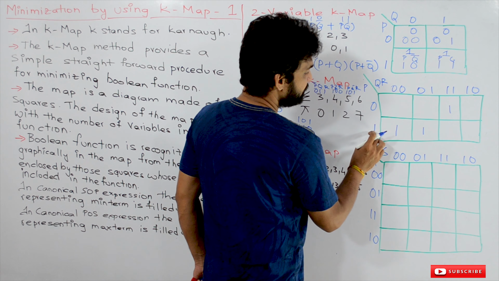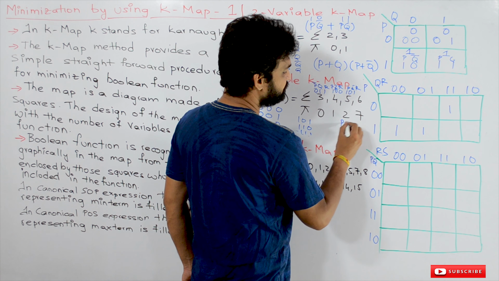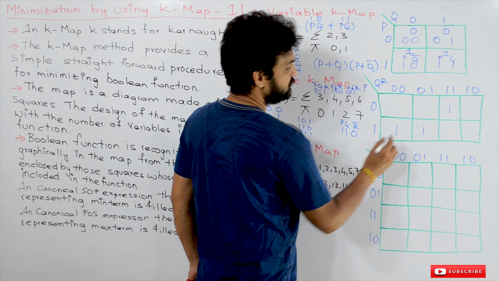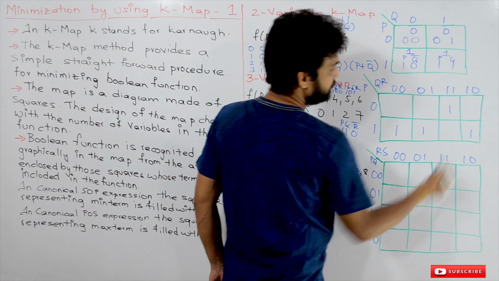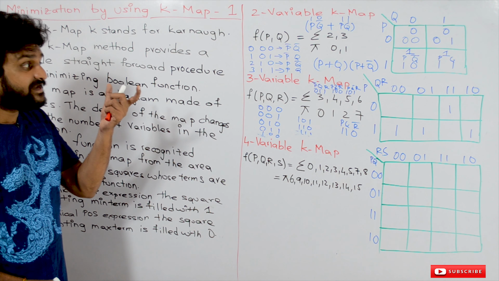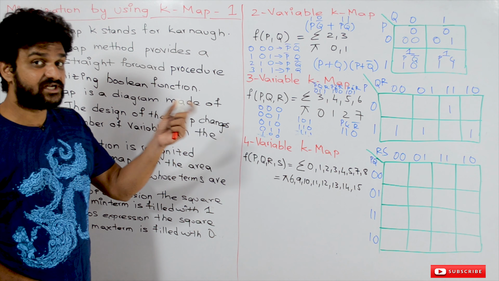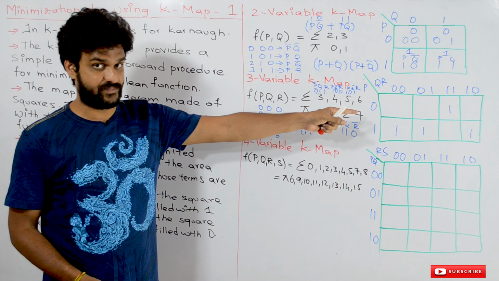Similarly, 6 is represented as 1 1 0, which is P Q R bar. So P Q R bar, here it is represented as 1. So this is the way in which a Boolean expression can be represented graphically on the K-map.